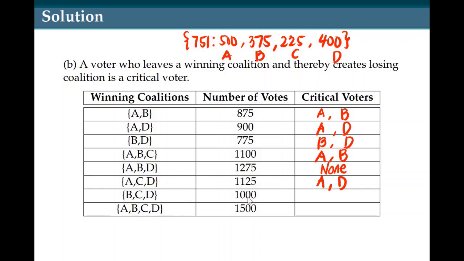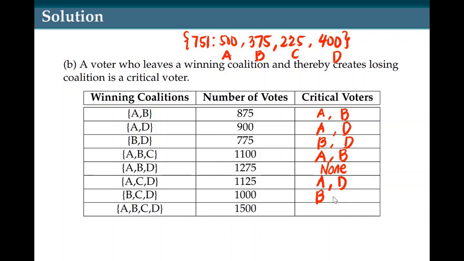Next, winning coalition with 1,000 votes. From 1,000 votes minus the votes of voter B, which is 375, this will give us 625, and that is less than the quota. So voter B is a critical voter. How about voter C? 1,000 minus 225, that is 775, and that is greater than the quota.